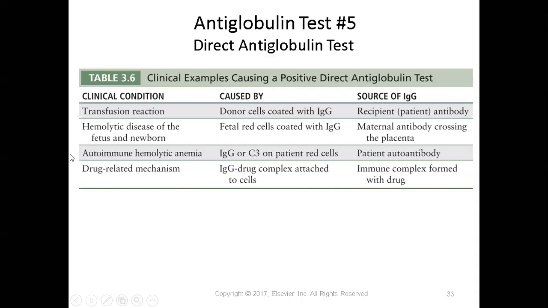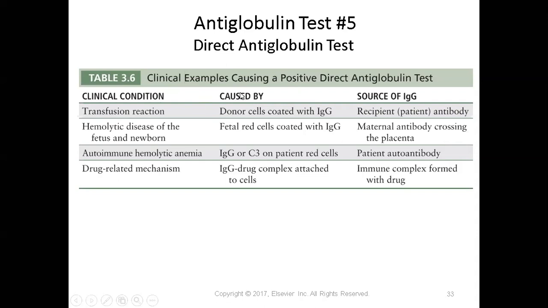So what can cause sensitization to happen in vivo, resulting in a positive DAT? Okay, let's look at these examples. Somebody had a transfusion reaction, okay? Somebody was given a transfusion of donor red cells, okay?